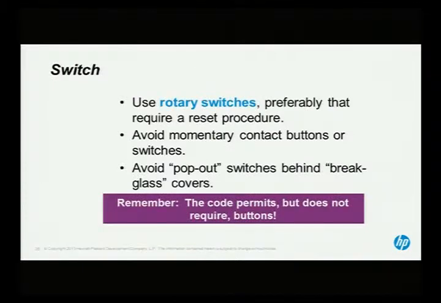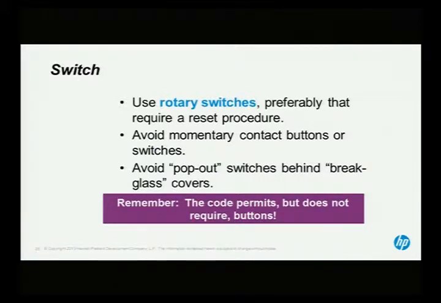Switch. Remember, the code says a button shall be permissible, it's not required. So use a rotary switch, preferably one that requires a reset procedure. I mean, the worst thing that can happen in a data center is you have an EPO event, trust me on this one, and you don't know which EPO switch set it off. You go through root cause analysis, you're trying to find out what happened.